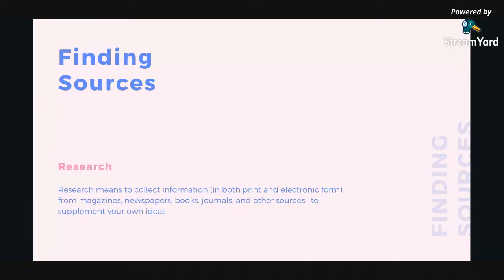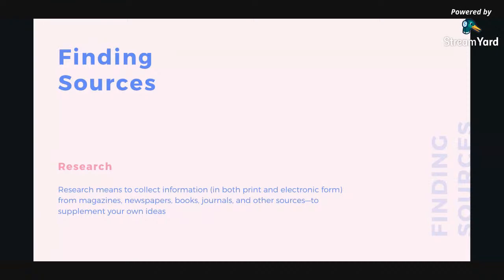So finding sources. Research means to collect information, and this information can be print or electronic. Electronic can actually also include videos and interviews that you have heard. I've even had kids use social media or TikTok or whatever for sources, not for a research paper like this, but for another kind of project that we did.